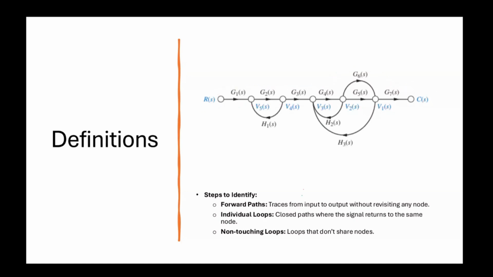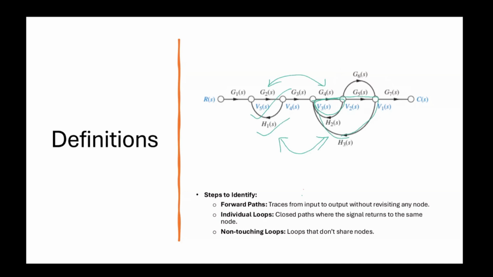Now we will see another important concept, which is non-touching loops. Here, this is a loop and this is another loop. So these two are non-touching loops. Similarly, G2H1 and G4, G5, H3 are both non-touching loops.